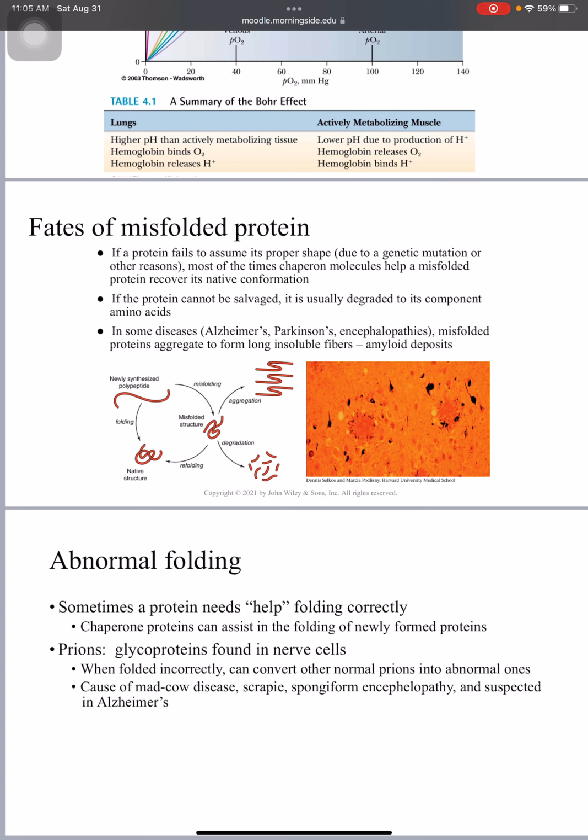So that's one example, right? There's a very similar condition commonly found in sheep called scrapie. There is actually a very isolated tribe, and I forget where it is, that practiced cannibalism.